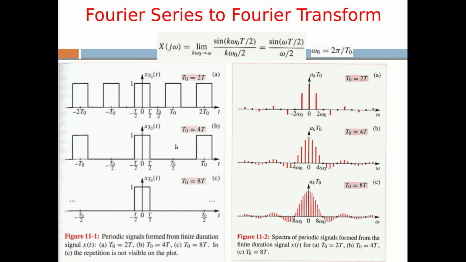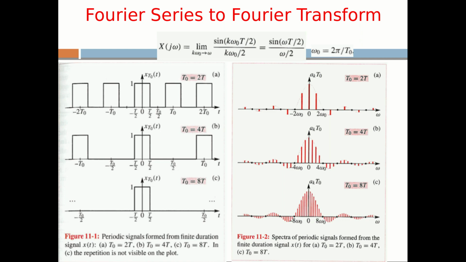Now, when we increase the period from 2T to 4T, what we see is that the coefficients come closer. This is because the fundamental frequency reduces as we keep increasing the time period. They start coming more and more closer, and after a point they seem to be continuous.